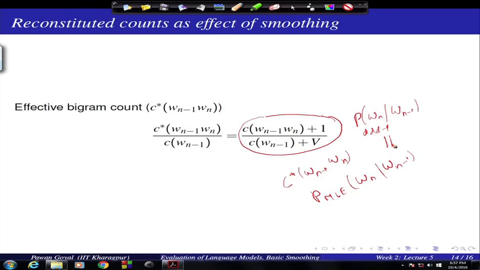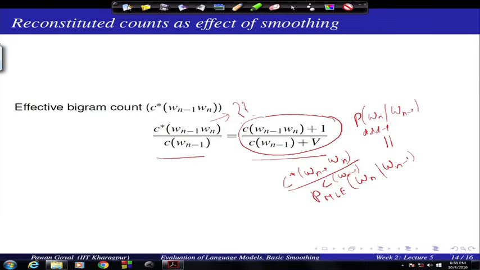So how do I get the effective bigram counts? This effective bigram count, if I divide by the count of Wn minus 1, I should get this probability. So I can compare this probability with this probability, and that will give me my effective bigram count. Okay. So that's how I define my effective bigram count.